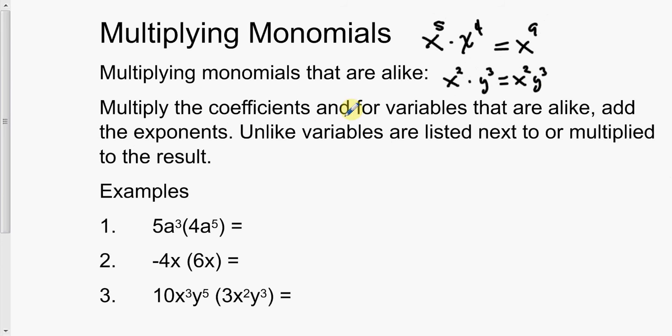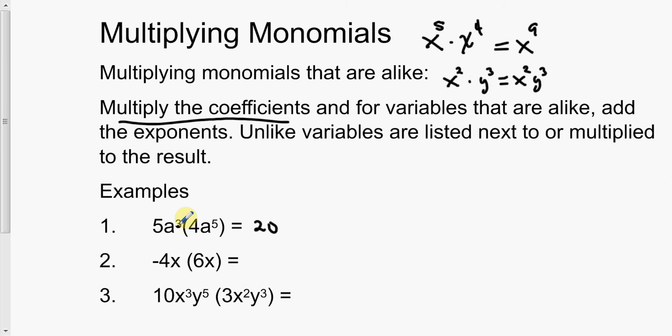You multiply the coefficients, and for the variables that are alike, you add the exponents. So look here, you have 5a to the third times 4a times 5a to the fifth. So 5 times 4 is 20. That's when I'm multiplying the coefficients.